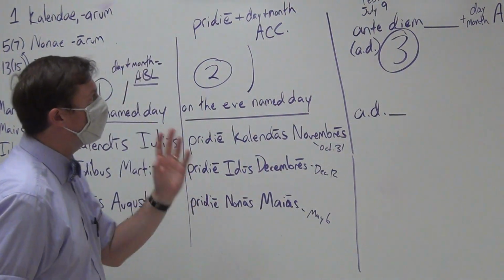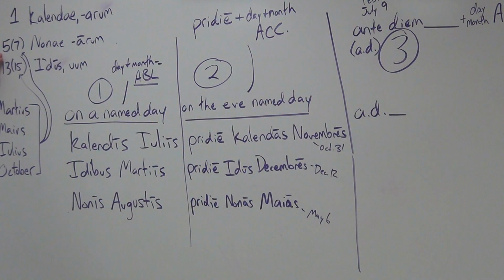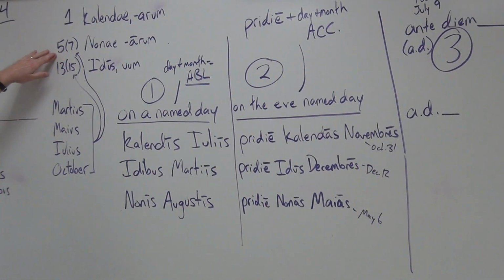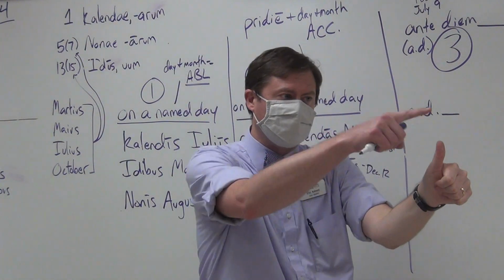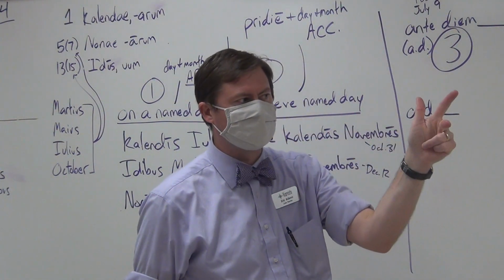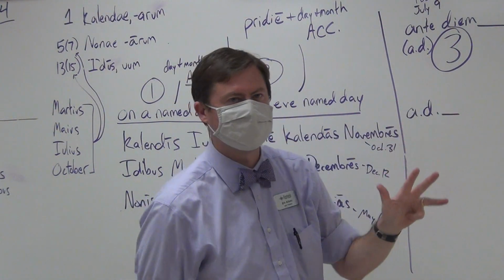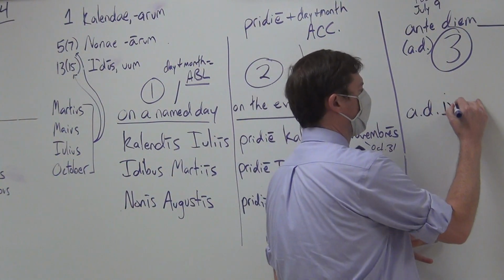So, you cannot simply say, okay, we're counting to the 5th of February, the nones, 5 minus 2, that's 3. No. Instead, you have to count starting on February 2nd, 3rd, 4th, and 5th. IV.